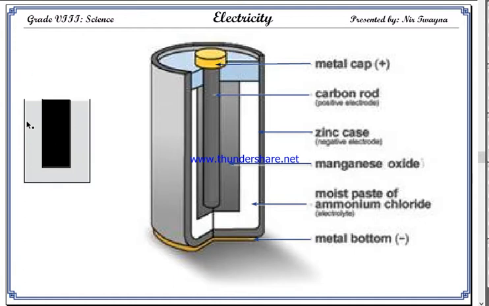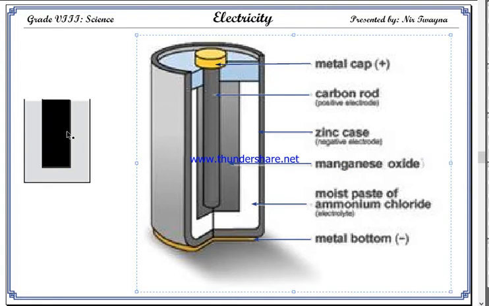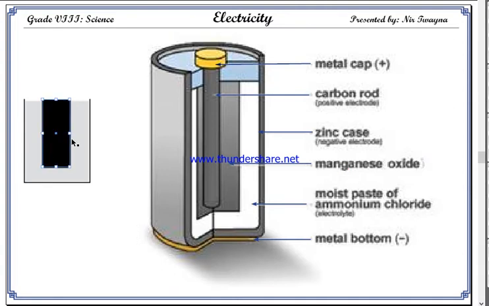Okay, understood or not? First of all, a zinc container is taken. At the center of zinc container, a muslin cloth bag is kept. Inside muslin cloth bag, black colored powder of manganese dioxide is filled, and the space between muslin cloth and zinc container is filled with moist paste of ammonium chloride.